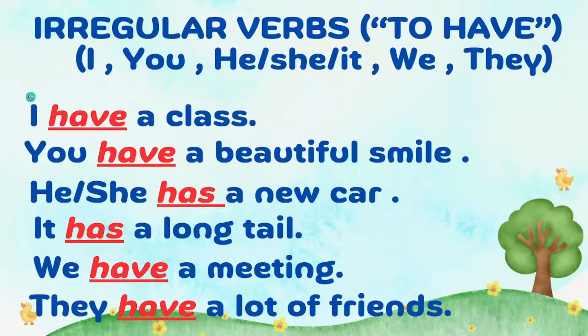So here, the I pronoun uses "have." It says here, I have a class. You have a beautiful smile. Wow! So it says here that you have a beautiful smile.